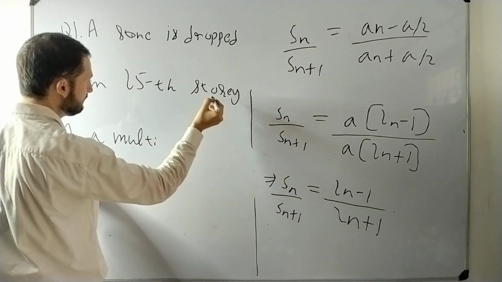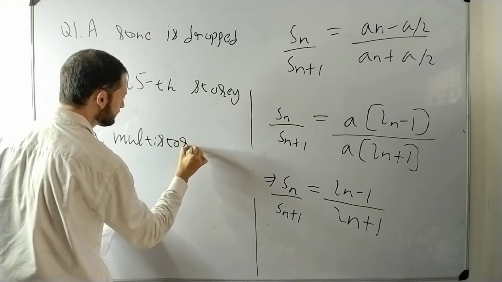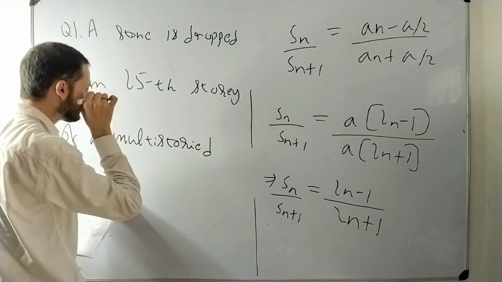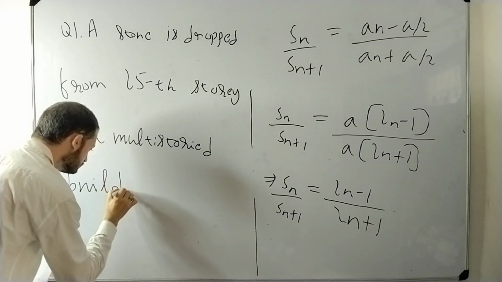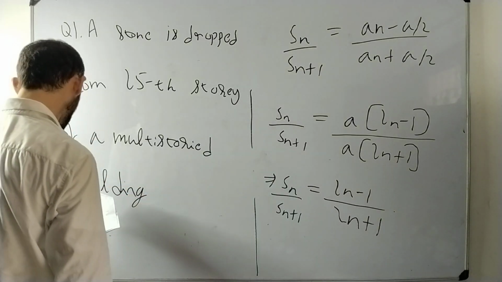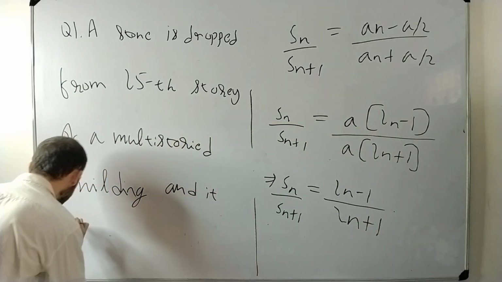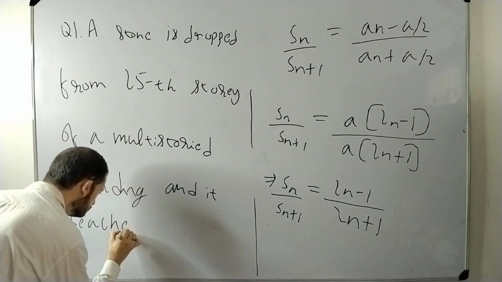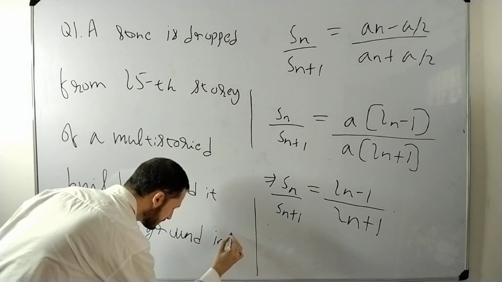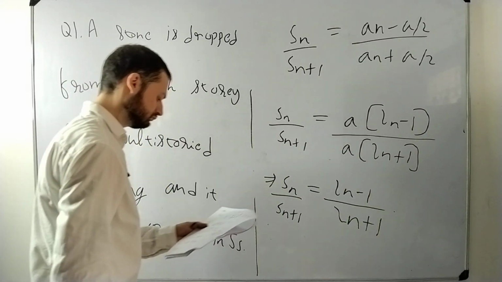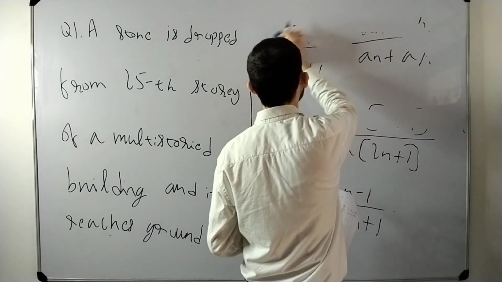Story means floor, students. Sorry, it is a multi-storied building, and from the 25th floor it is dropped, and it reaches the ground in 5 seconds. So what do we need to find? Let's see.